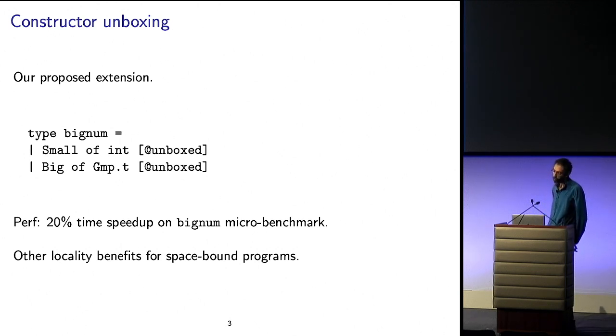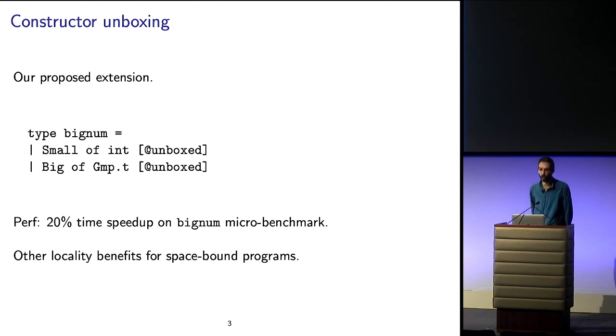So as long as your computations stay within the bounds of the machine integer, you want to stay in the small case. But then, if you don't have this unbox annotation, allocating the small constructor and dereferencing its value costs a bit. So if you allow the user to unbox it, well, on a given micro benchmark, we saw a 20% speed up. And then if you have a large program that is memory hungry, using less memory is going to be beneficial in more diffuse, interesting ways due to locality.